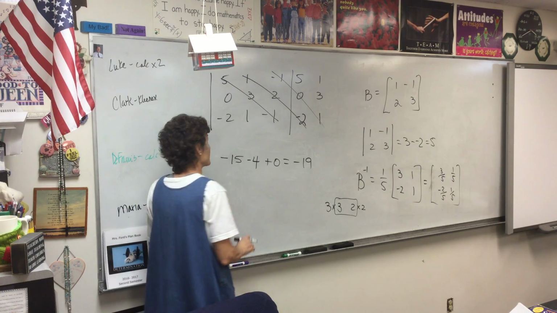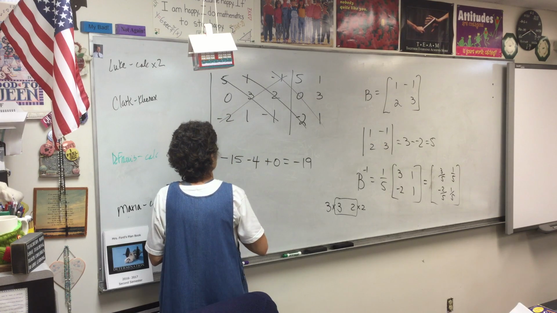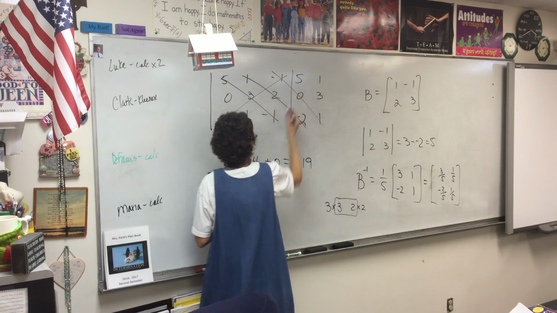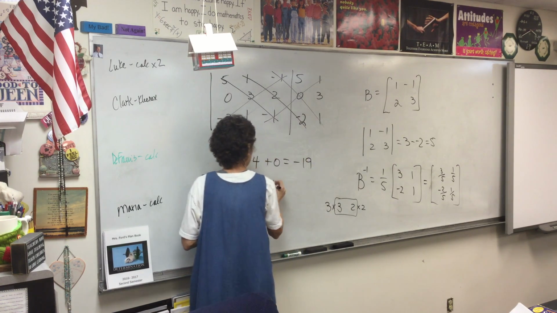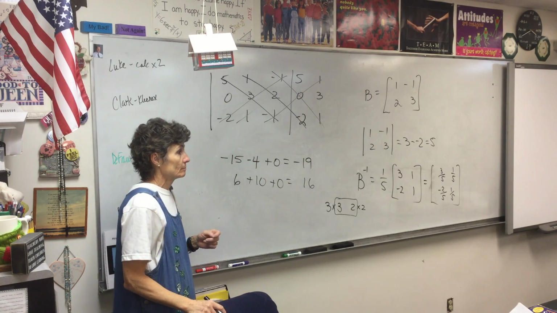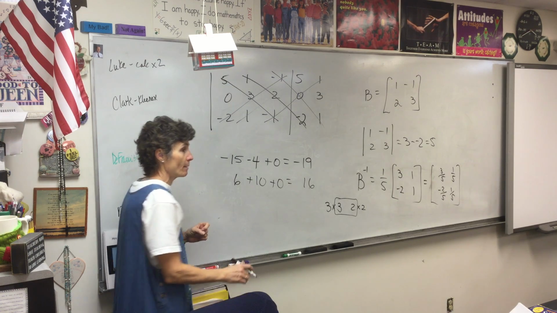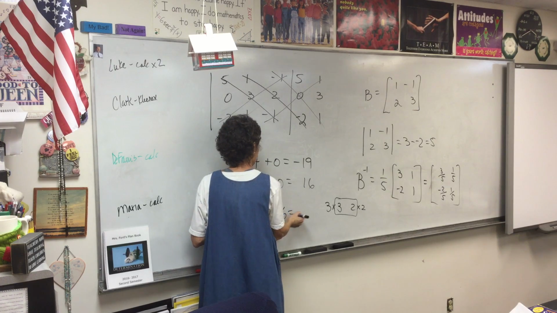Now I'm going to turn around and go the other direction. Watch your signs. What do you get here? 6. And 10 and 0. That's 16. What do you do with those 2 numbers? -19 minus 16.